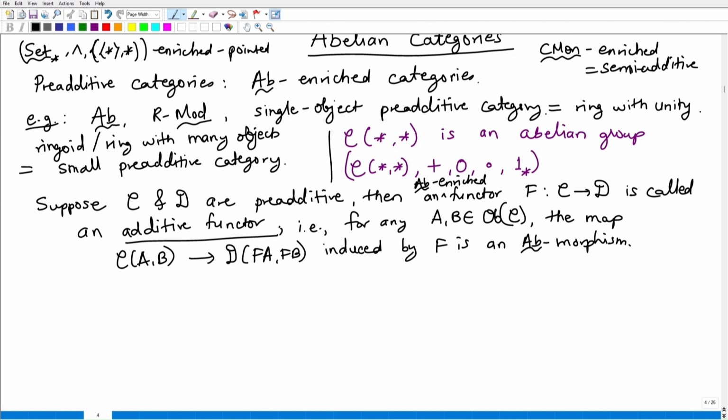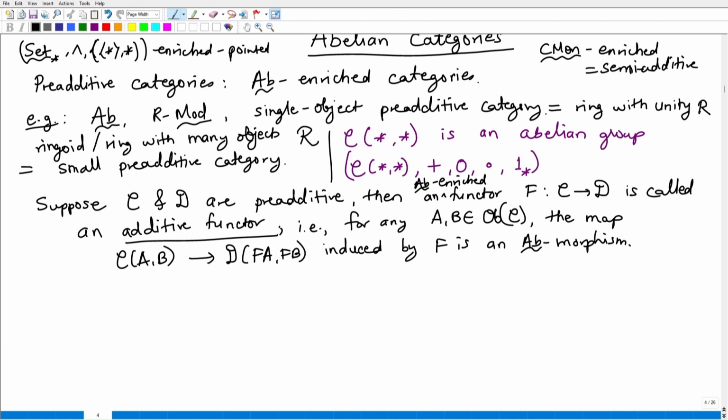Our normal notation for a ring is capital R, and for a ringoid it's a curly R. So usually you can replace capital R with a curly R without any problem.